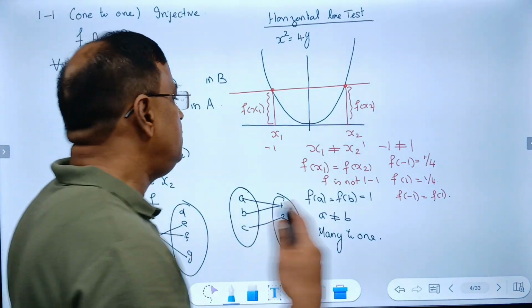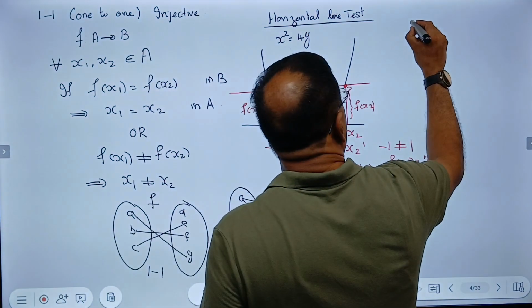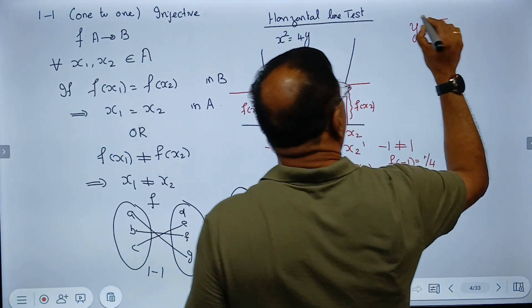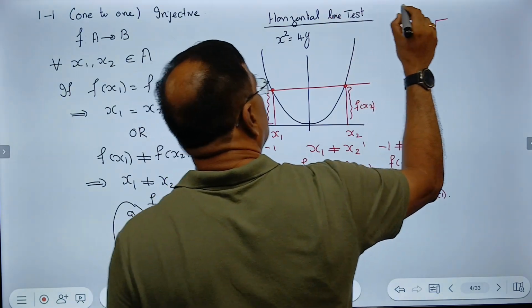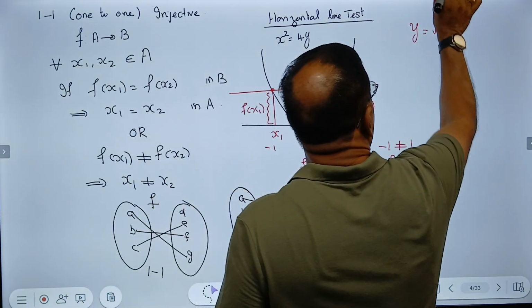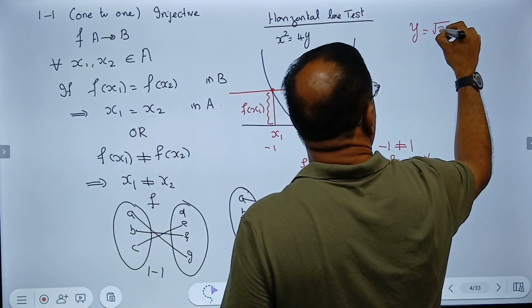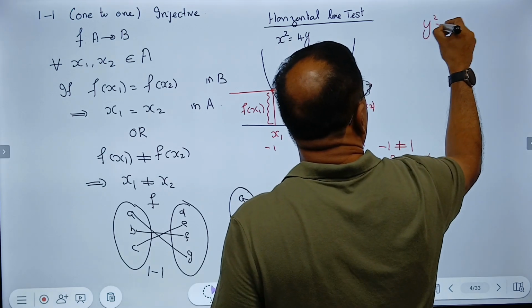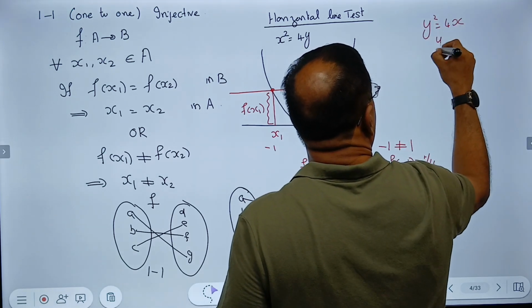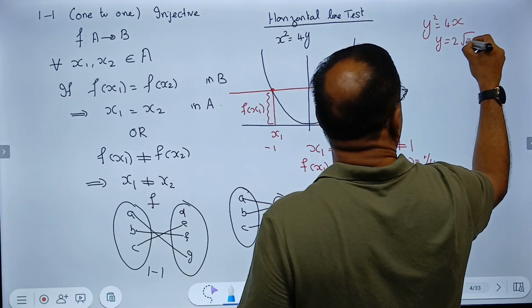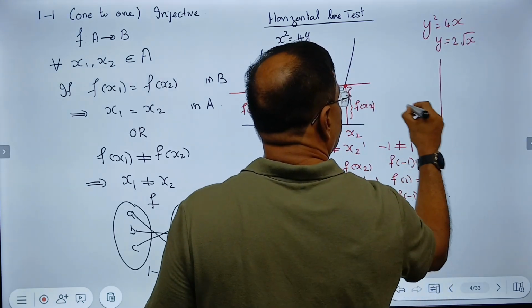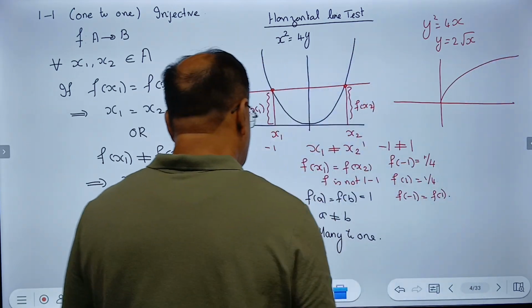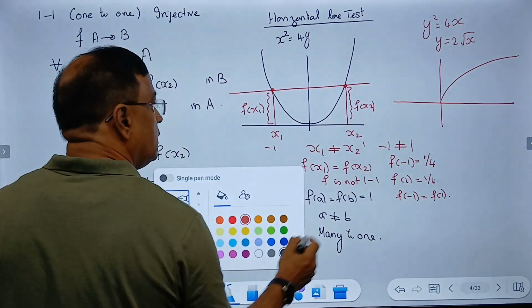Okay. I'll give another graph. Let us take y equal to square root of x, or y square equal to 4x. So I'll take y equal to 2 root x. I'll take the positive square root. Now this is the graph. Let me draw a horizontal line.